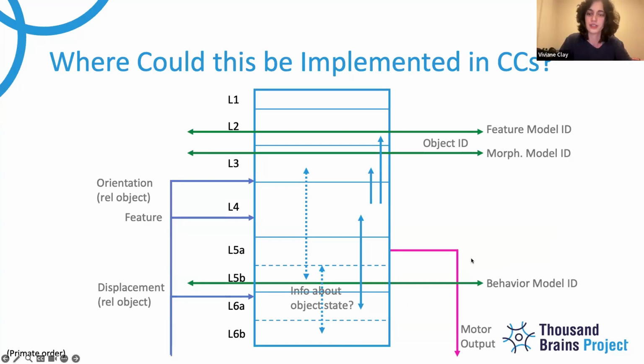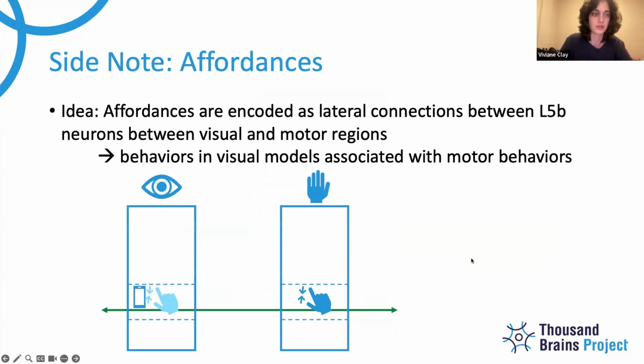I guess just to throw out one more idea, and then we can also just brainstorm more. One side note on affordances: if we say there are behaviors voted on in these lateral connections, affordances could be exactly these lateral voting connections. Behaviors in visual models associated with motor behaviors is kind of what I think affordances are.